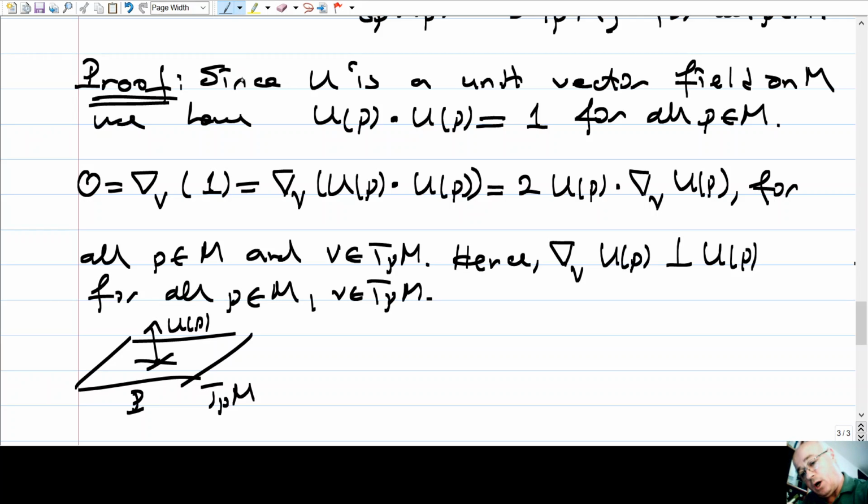Therefore, our covariant derivative is a vector inside the tangent space.